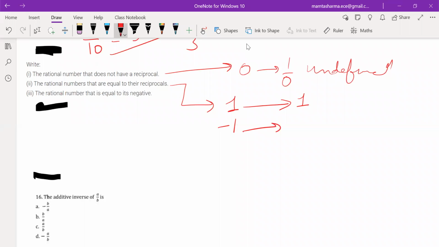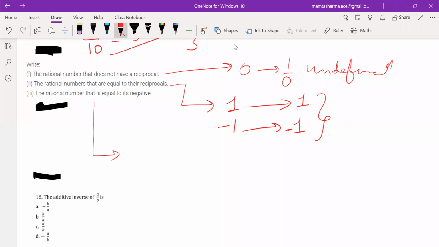The reciprocal of minus 1 would be minus 1. Okay, so please note down these two rational numbers have equal reciprocal.